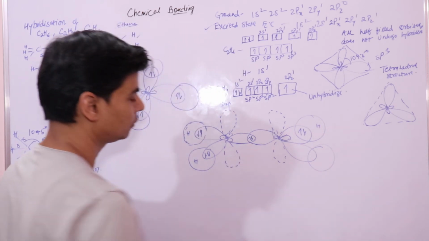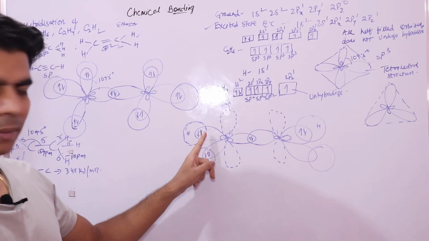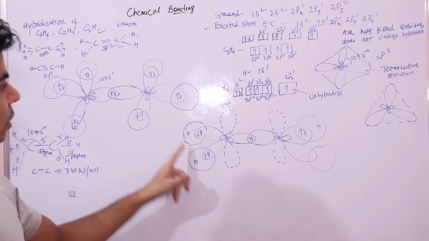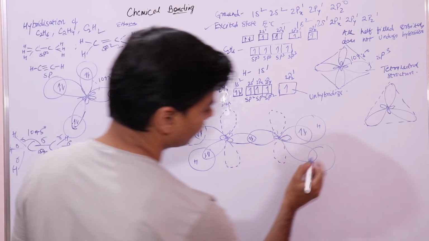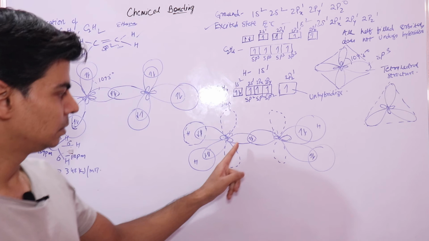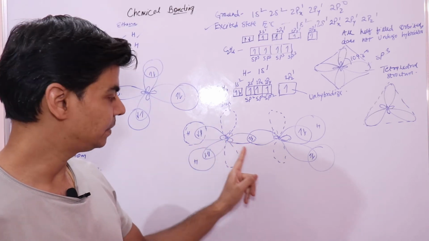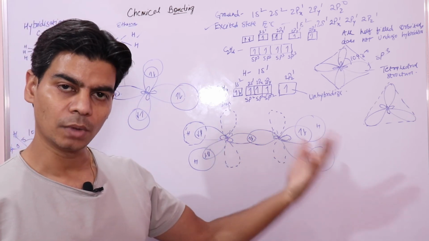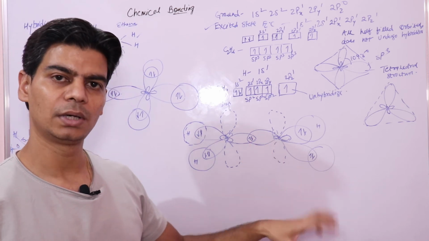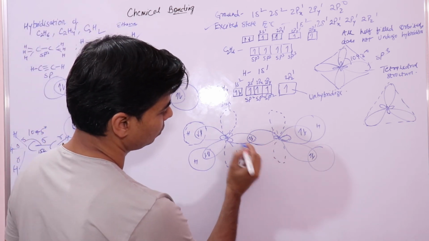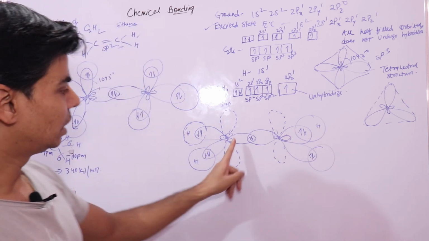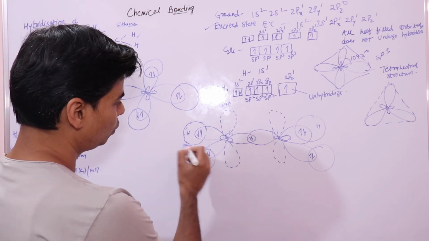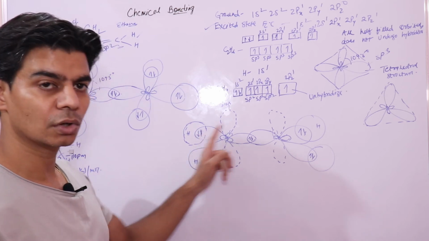Here also each sp2 hybrid orbital of carbon atom will undergo overlapping with 1s orbital of hydrogen atom to form CH bond, right? And one sp2 hybrid orbital of first carbon will overlap with sp2 hybrid orbital of another carbon atom, right? So this is how it forms one single bond between carbon, right? And two CH bonds on each of the carbon atoms.